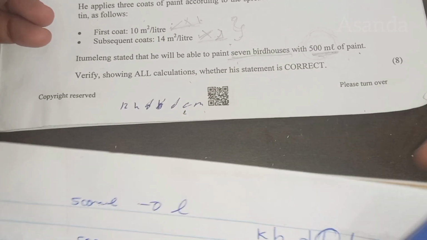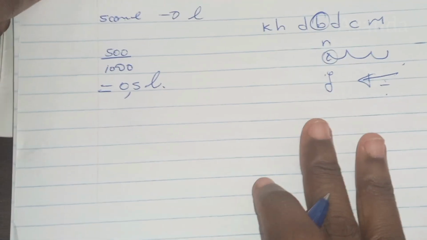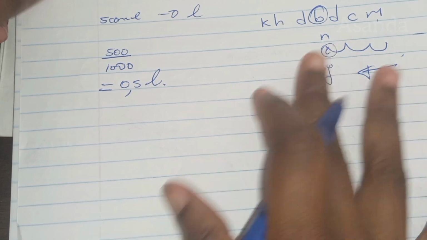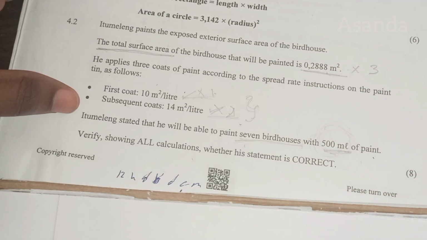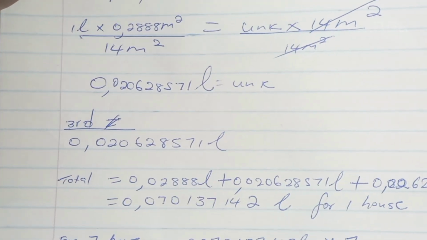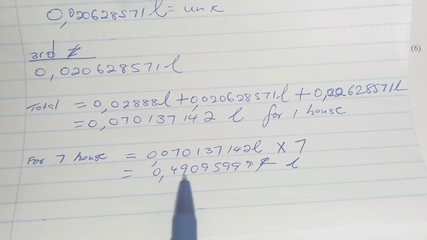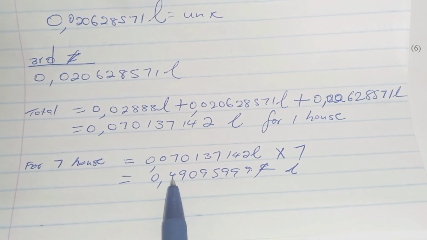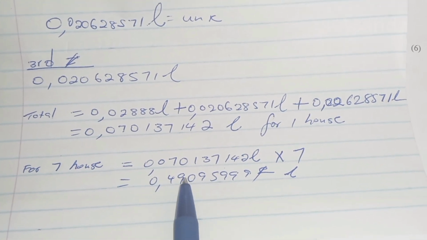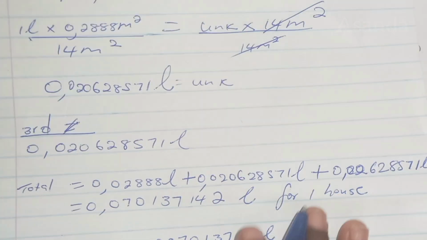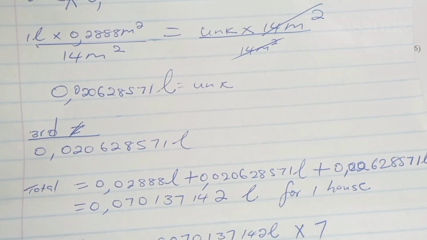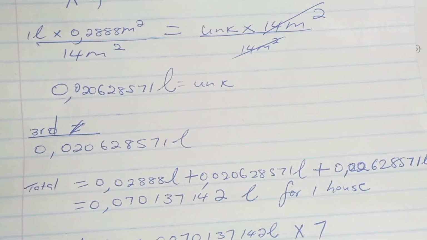Okay, now we are going to state our conclusion. We have 0.5 liters, and we calculated that the liters needed is 0.49. Even if we round off, that would be 0.491. I'm going to round off to 2 or 3 decimal places, it doesn't matter.